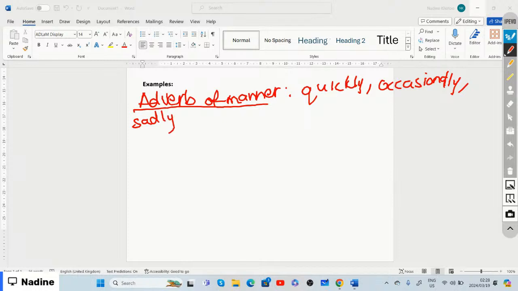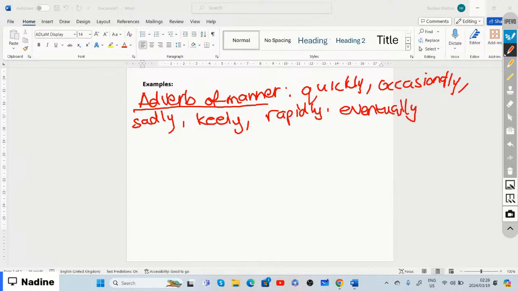It basically just ends in -ly. Keenly, it's like where you're keen to do something. Rapidly can also be like quickly, and eventually, right? So these are adverbs of manner.